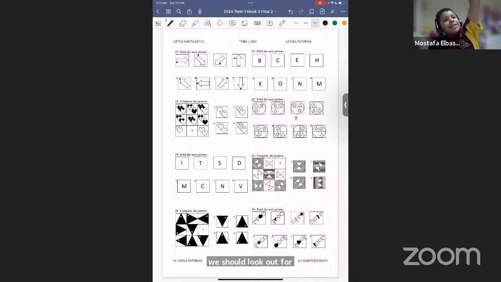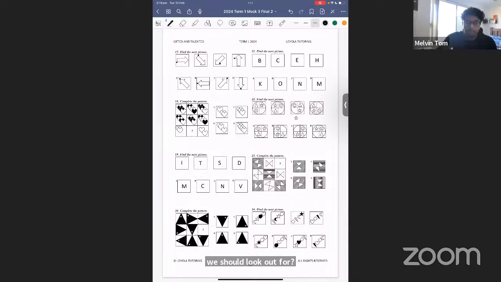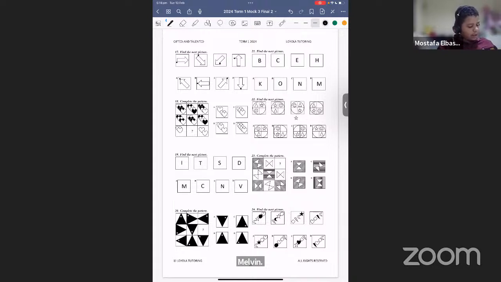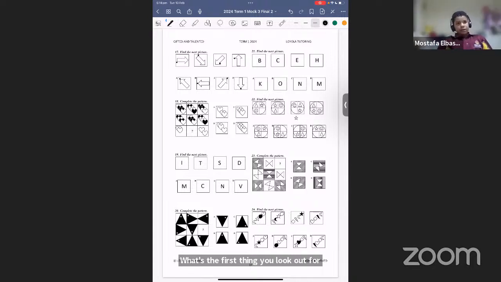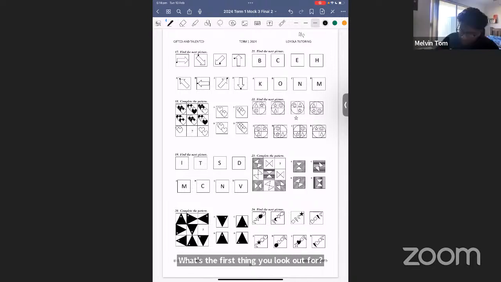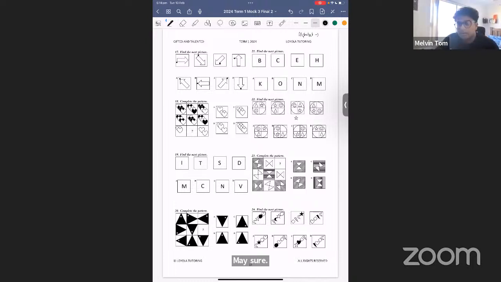Like how many lines of symmetry it has? What's the first thing you look out for? Alphabetical order, and then number of lines. Perfect. You have lines versus strokes.